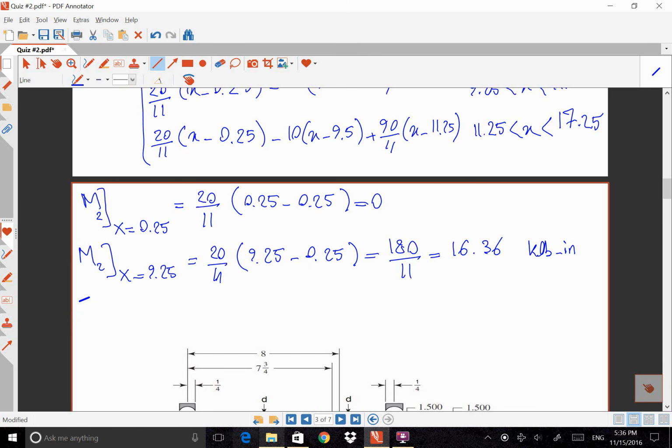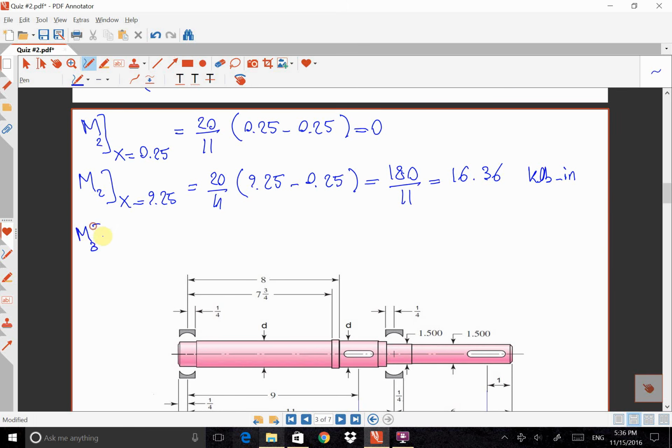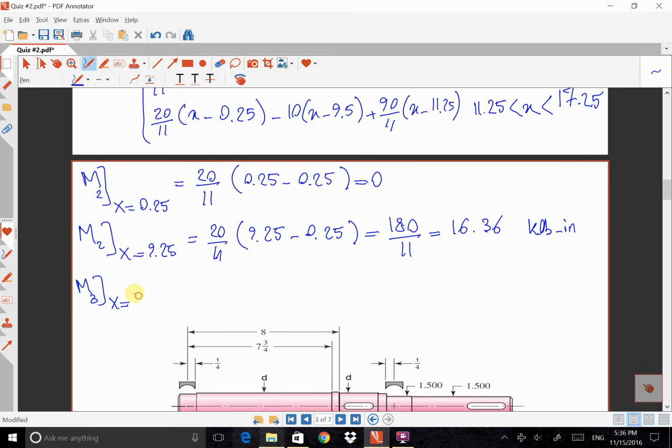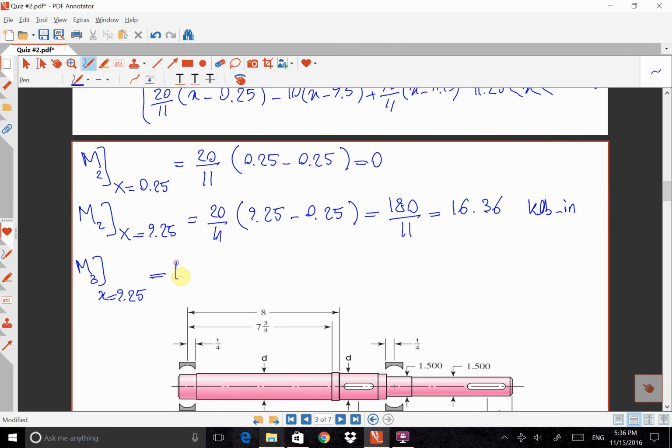So M3, when x is equal to 9.25, the moment will be, I apply 9.25 here, and this part will be 0, and this will be 9.25 minus 25, which is 9, times 20, 180 divided by 11, so it's going to be the same number, 16.36 kilopound times inch.